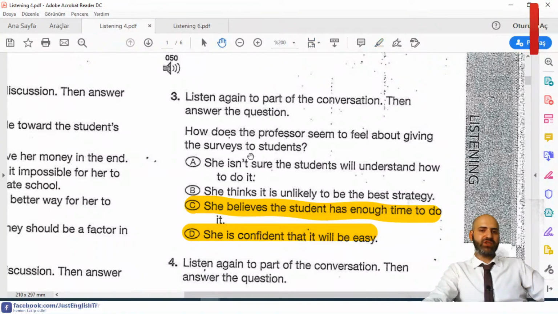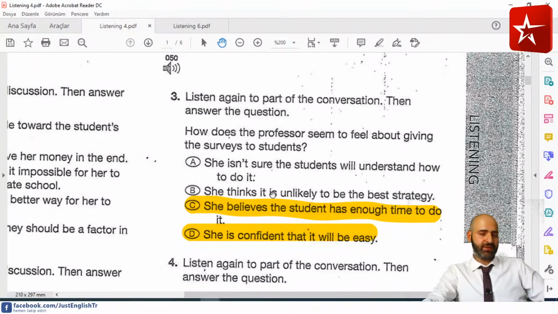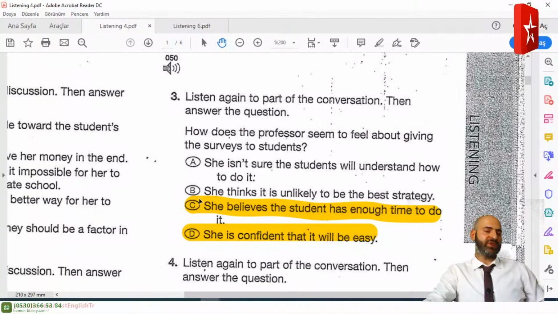A says she is not sure the students will understand how to do it. And B says she thinks it is unlikely to be the best strategy. If you remember, the professor said preparing a questionnaire is not a bad strategy. And still, she thinks that students should do a questionnaire, but not at the school.